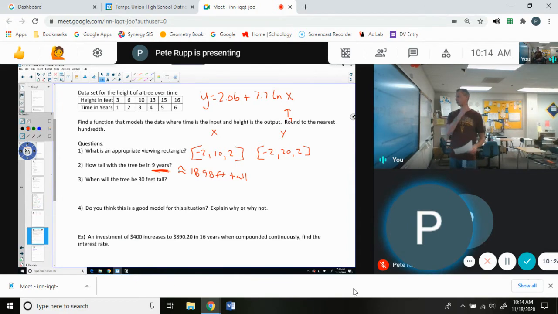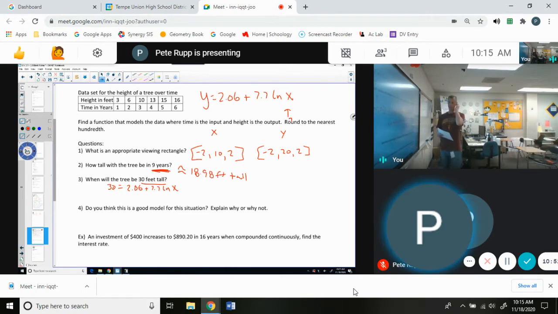When will the tree be 30 feet tall? So this is one of the ones that you can solve a couple different ways. You can use a table to solve it. I'm going to go ahead and solve it mathematically. So when the tree is going to be 30 feet tall, that means your y value is 30. So you would set up the equation 30 equals 2.06 plus 7.7 natural log of x.